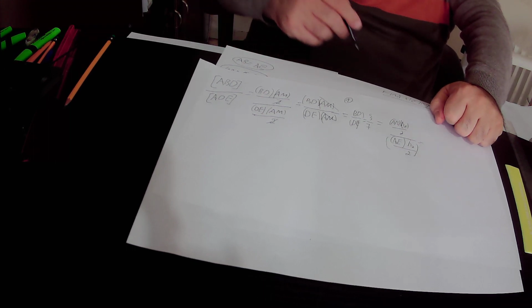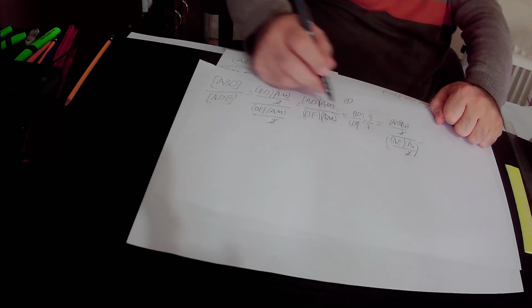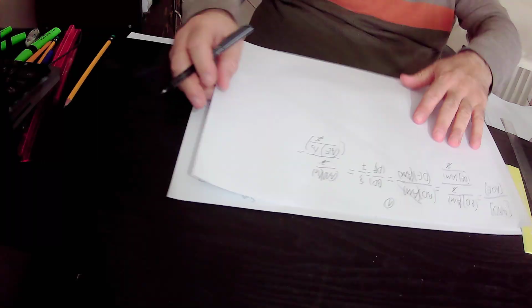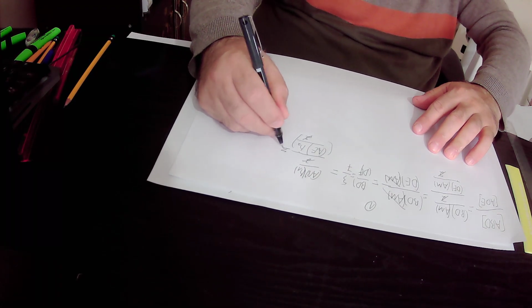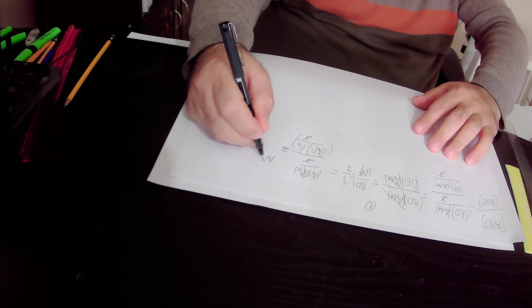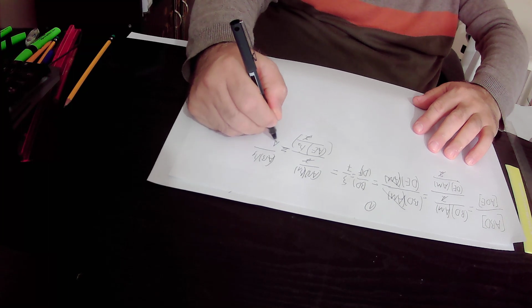Here we have 2 in the numerator and 2 in the denominator, so 2 will get cancelled, and what is left after we cancel 2? It is actually AB times edge 1 over AE times edge 2.